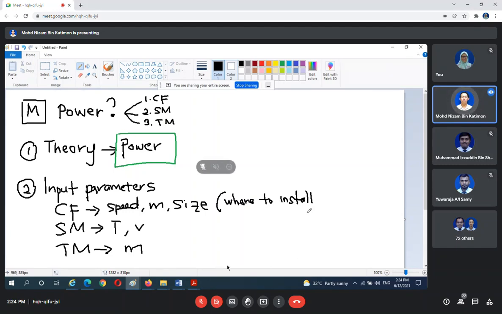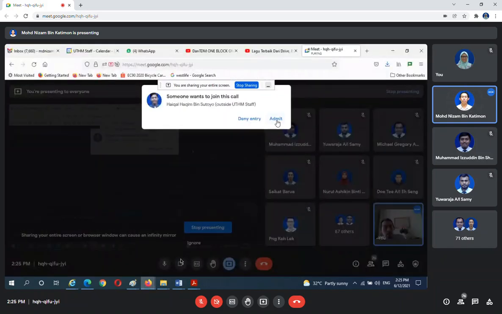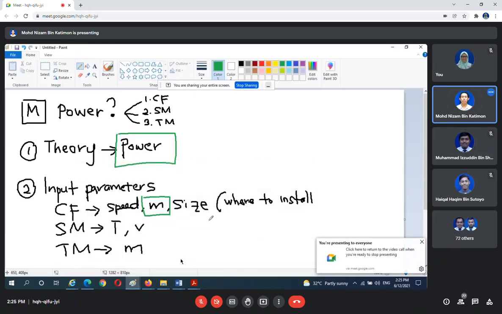From that, you can determine the length of the blade. From there you can get ideas about the mass. What is the mass? So far, ceiling fan.